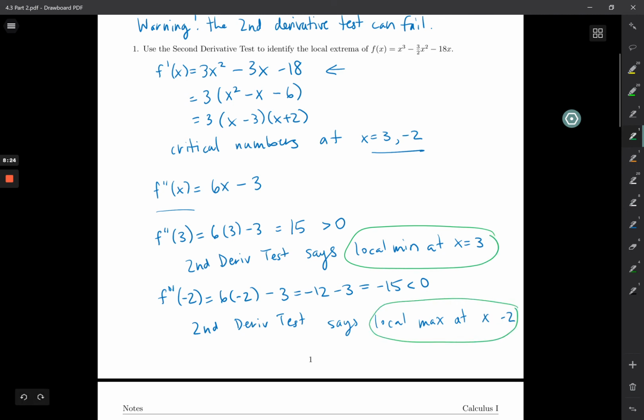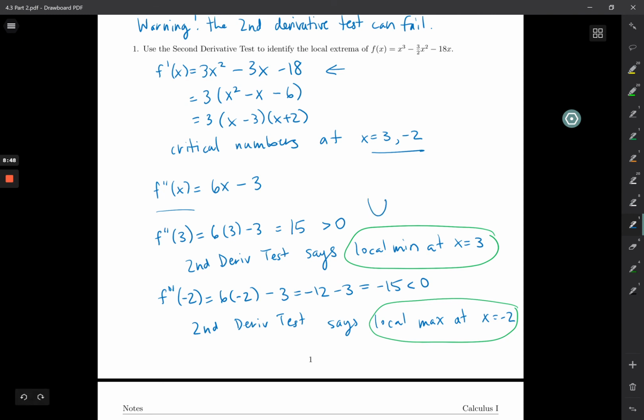If this does work out, it actually is pretty nice to use. It's not too difficult, but do be careful. You see, I almost made a mistake here characterizing this one. Like I said, it helps to draw a little picture. If you plug in your point, you get that this is greater than 0.